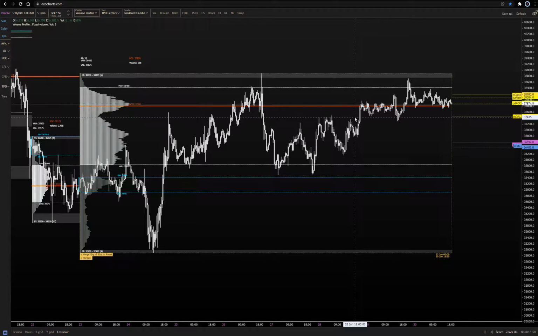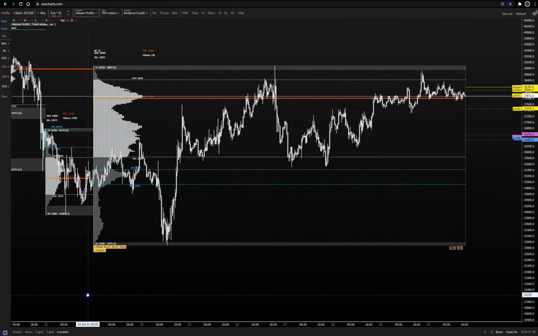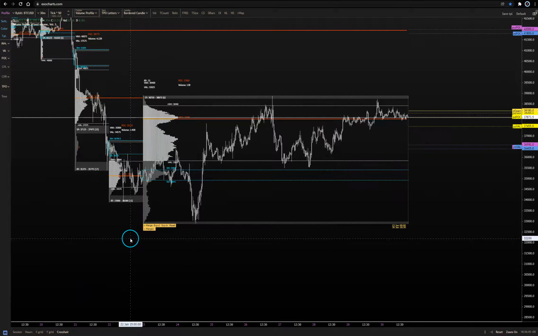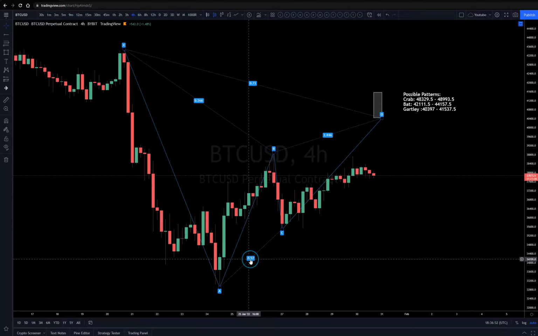So if we do potentially lose that, I'm looking at the value area low ideally as a potential target, and again I would be using that with confluence with the TradingView charts that I've made. So going over the weekly, the daily charts, and also looking at the range using volume profile, we add that up with how it plays out with our TradingView charts, and build a plan overall.